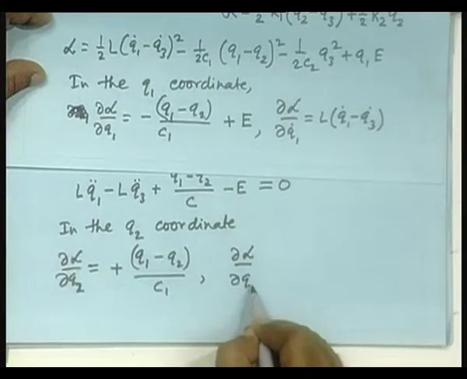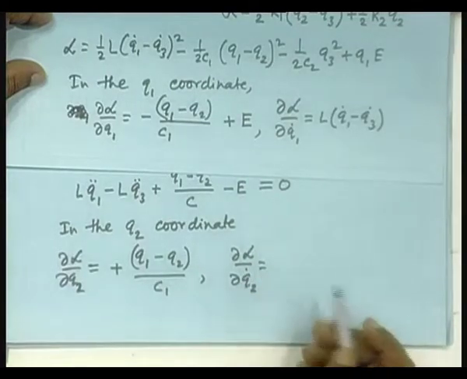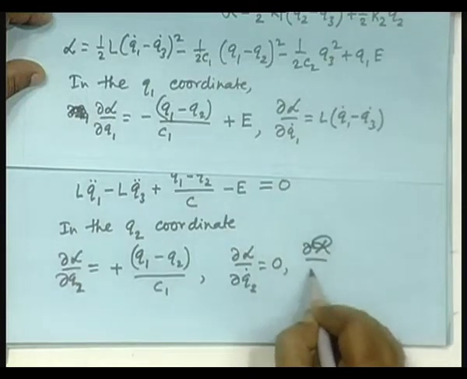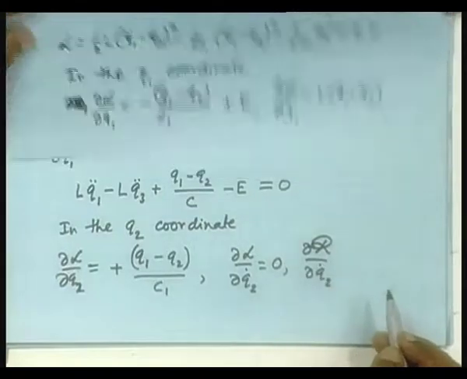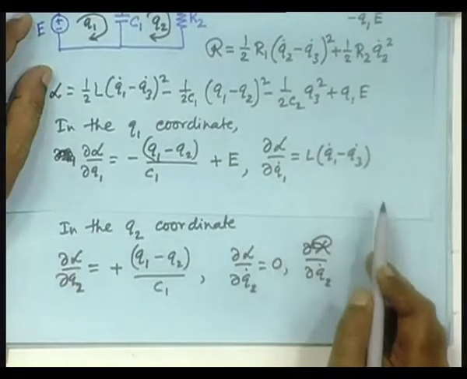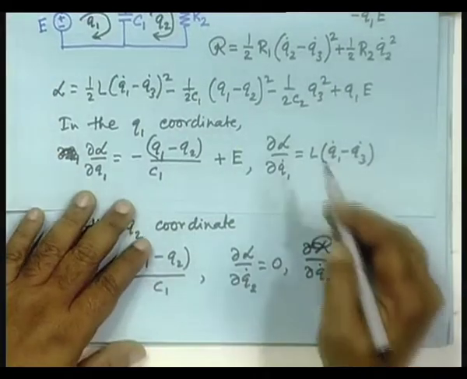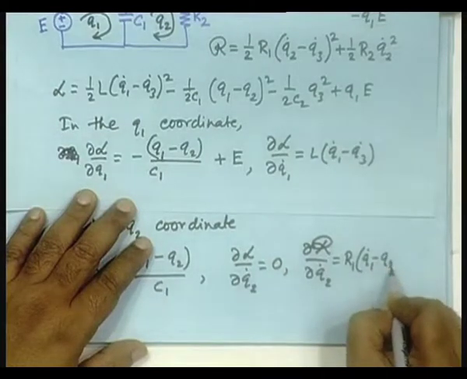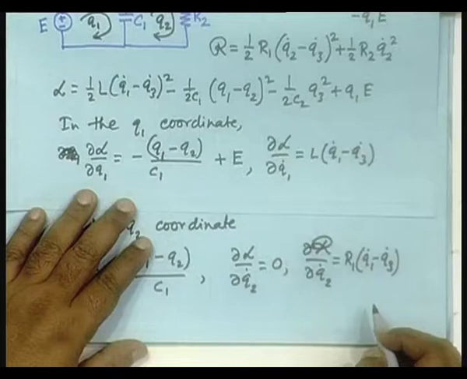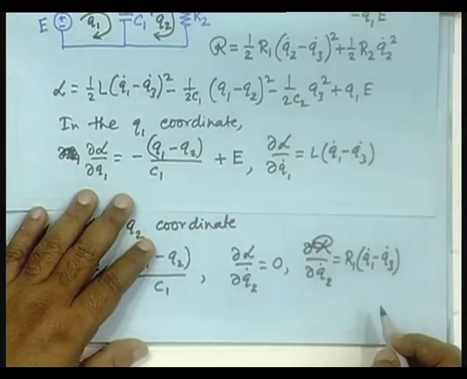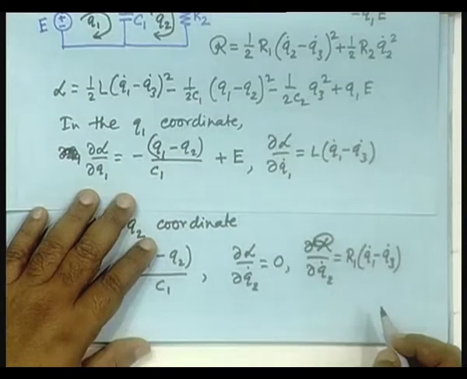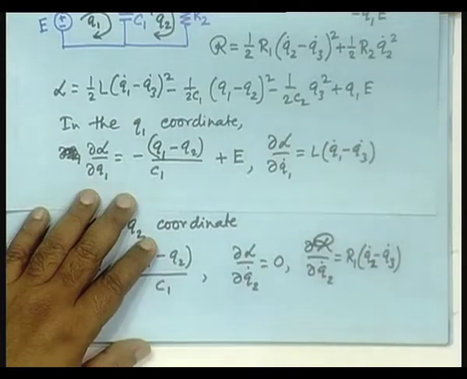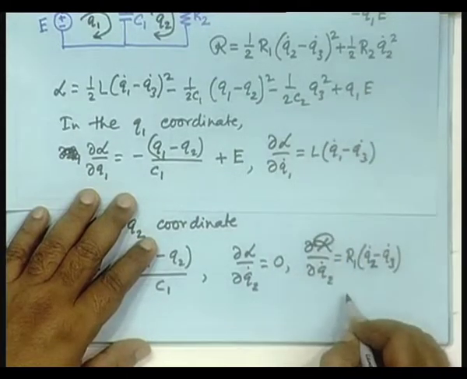The Lagrangian with respect to q2 dot is 0, and the derivative of the Rayleigh function with respect to q2 dot, it will be R1 (q2 dot minus q3 dot), and the other term will also remain.